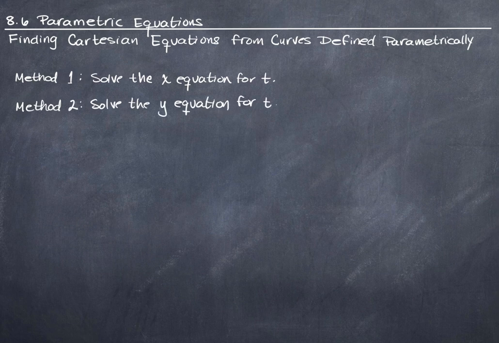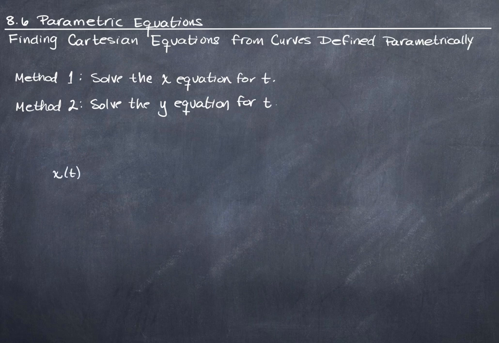You take y of t, set it equal to y, solve it for t, and then take the t equals whatever you find and plug it into the x equation. We did one problem both ways in the previous video, so I'm not going to repeat that here.